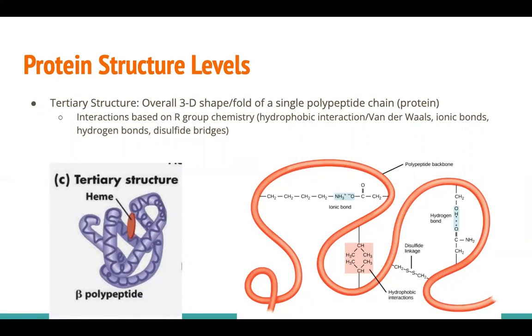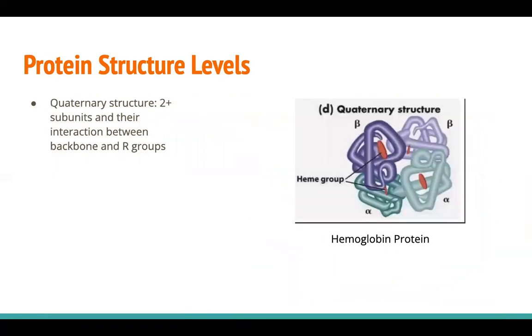The main bonds you have to be aware of for this class in regards to proteins are hydrophobic interactions or van der Waals, ionic bonds, hydrogen bonds, and disulfide bonds. We'll talk a little bit more about each one of those soon.